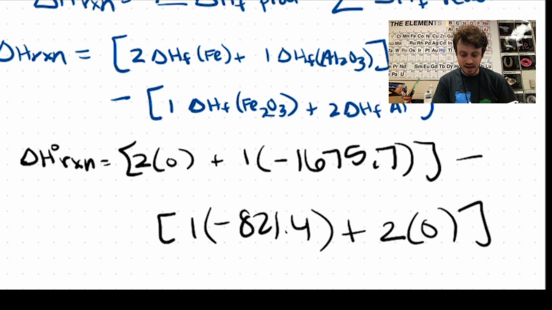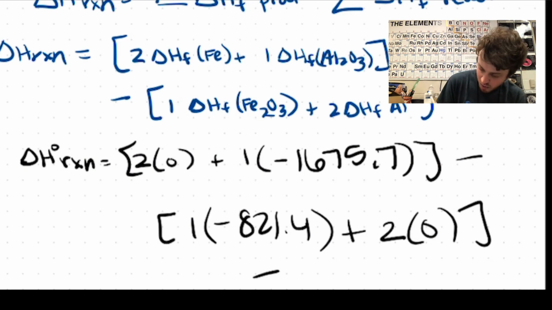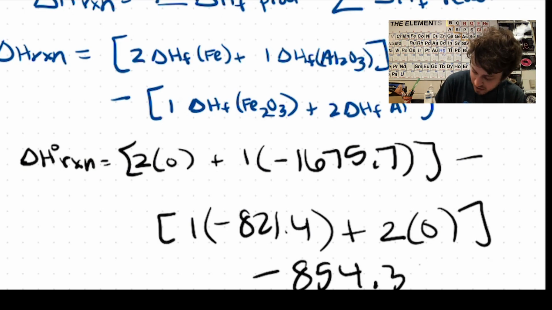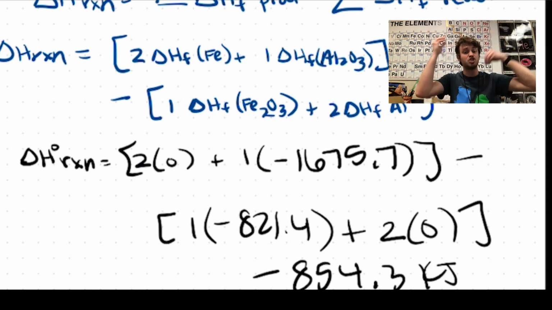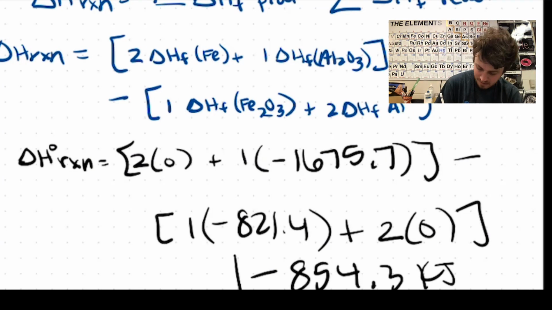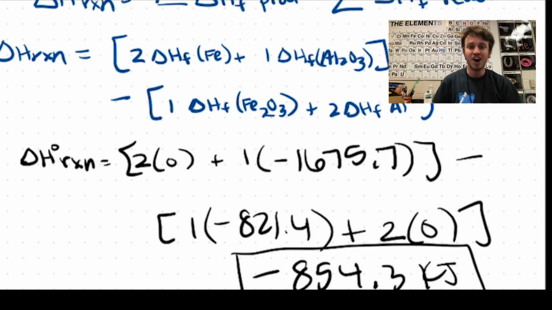So this ends up being negative 1675.7 minus negative 821.4. And what do you know? We get the same answer that I just got without me having to do all of the shuffling that I was doing before.